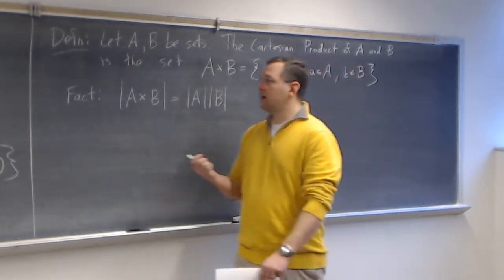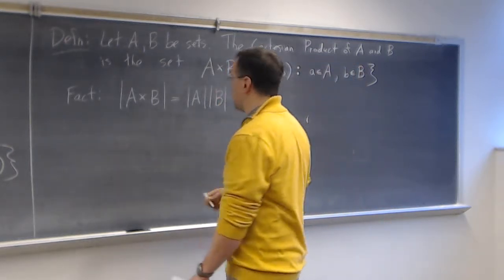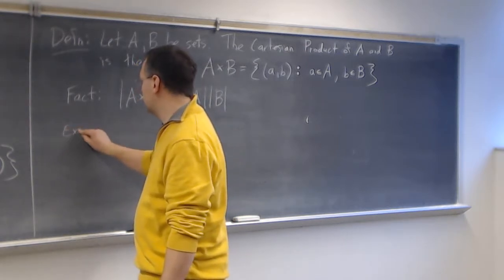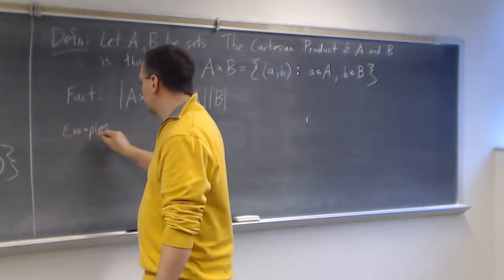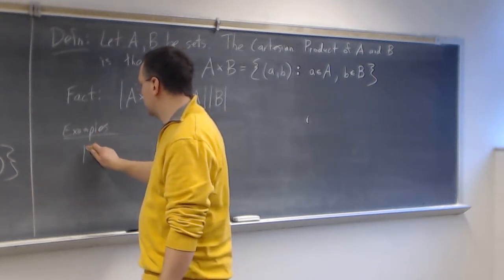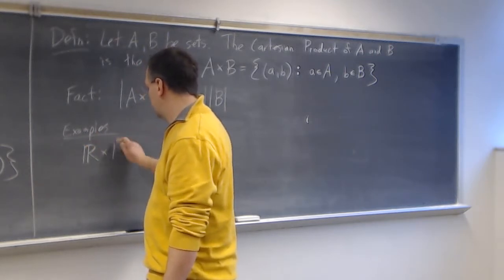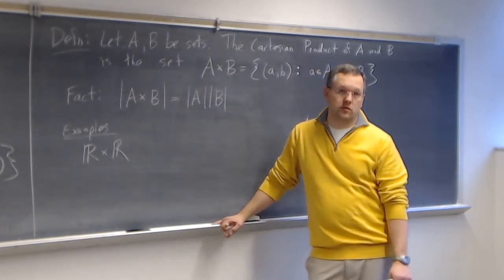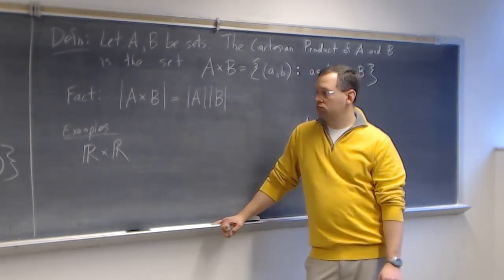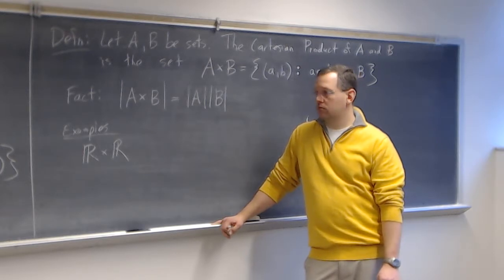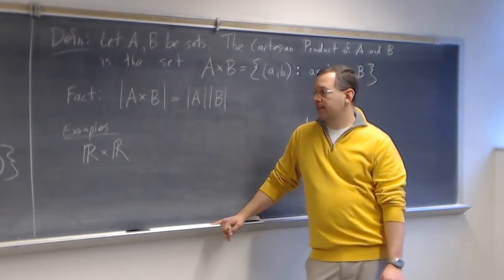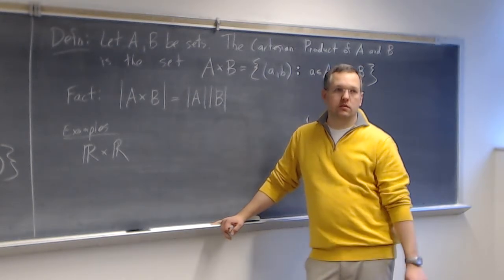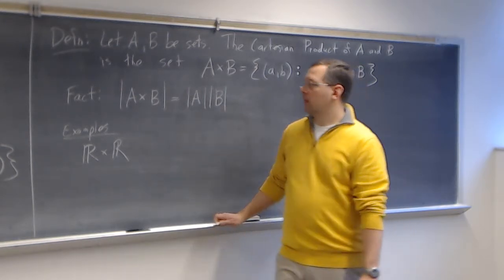All right. So common Cartesian products. You've probably seen this. Let's see some examples. What about the Cartesian product of the real numbers with the real numbers? You've all seen this. In fact, the last example I had on the board, I used this set. So think about it.